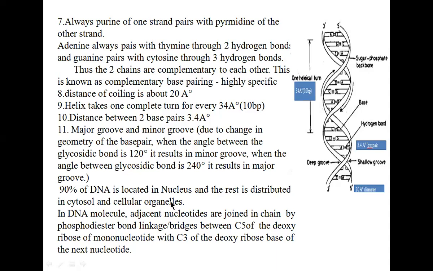90% of the DNA is located in the nucleus and the rest is distributed in the cytosol and cellular organelles like mitochondria and chloroplast. In the DNA molecule, adjacent nucleotides are joined in each chain by phosphodiester bond linkage or bridges between C5 of the deoxyribose of the mononucleotide with C3 of the deoxyribose of the next nucleotide.